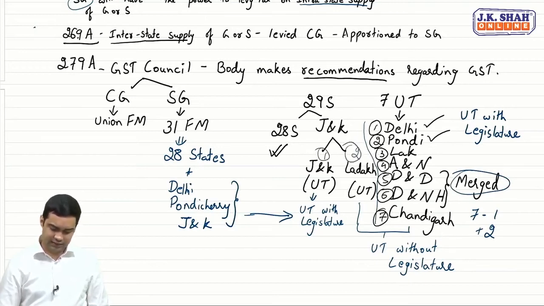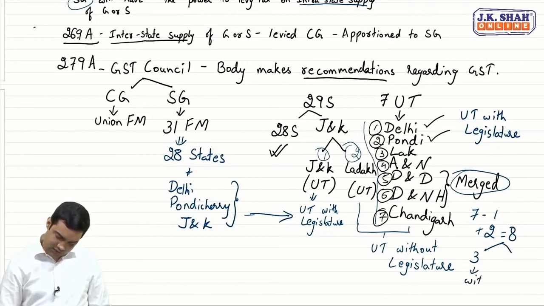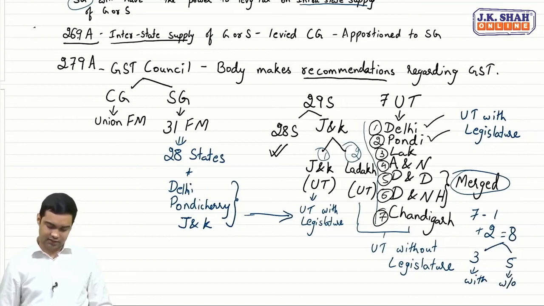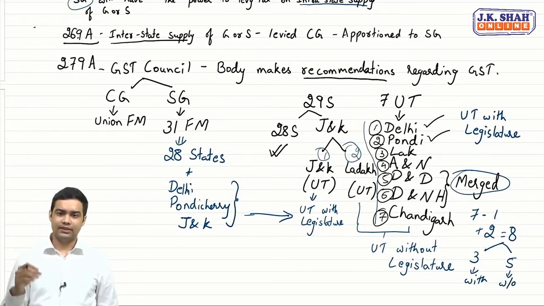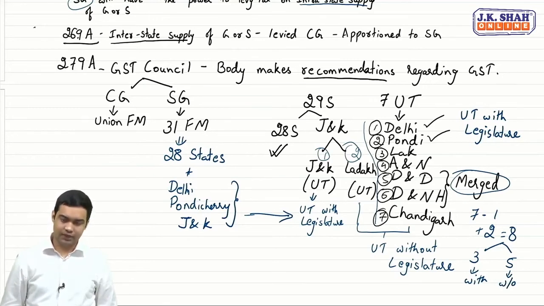So all this taken together comes to 8. Out of this 8, 3 are union territories with legislature and 5 are union territories without legislature. Now let's try to understand 3 with legislature and 5 without legislature. 3 with legislature: Delhi, Pondicherry, Jammu and Kashmir.